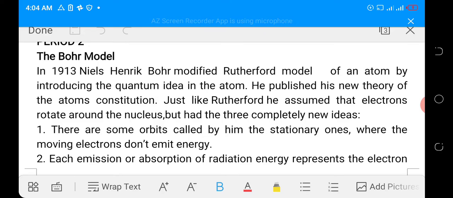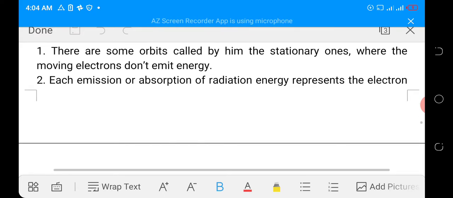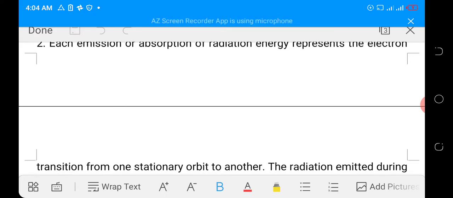What Bohr meant by this, number one, is that the orbit at which an electron will move without radiating energy is just that where its angular momentum is quantized. Number two, each emission or absorption of radiation represents the electron's transition from one stationary orbit to another.